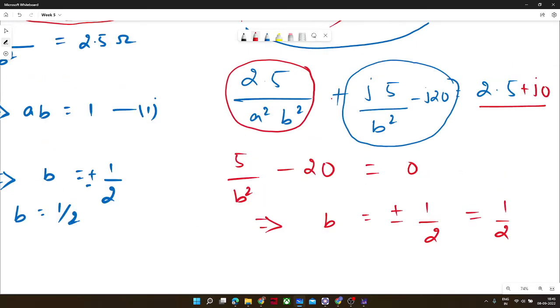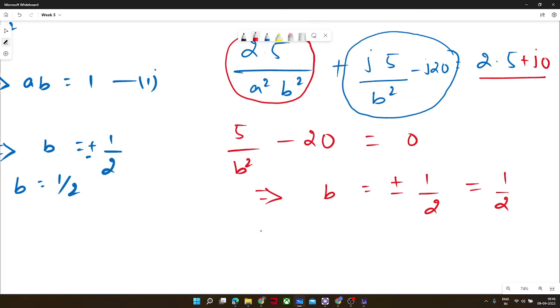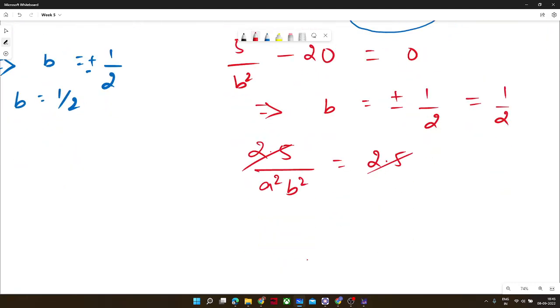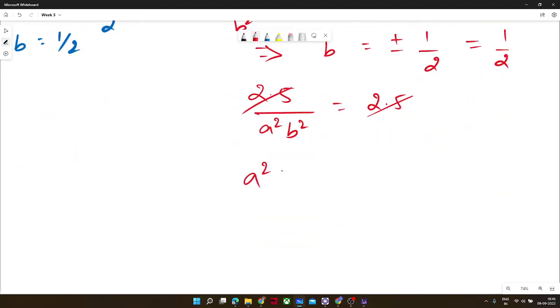And after solving this, we will solve the real part. 2.5 by A square B square is equal to 2.5. This will get cancelled and A square B square will be equal to 1. After putting b equal to half, you will get a equal to 2. Okay, I guess, yeah, 2 or something else.